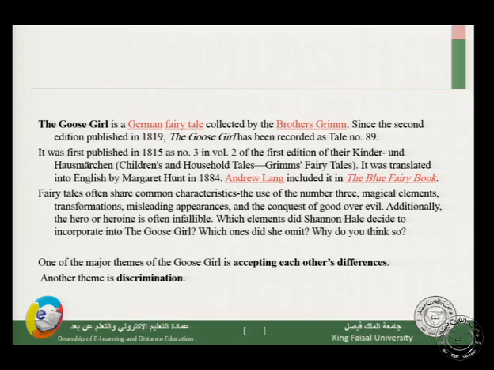Here is a question for discussion: which elements did Shannon Hale decide to incorporate into the goose girl? What elements do you find in this story? Which ones did she omit among these elements?